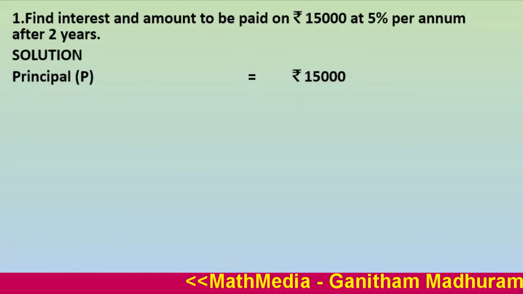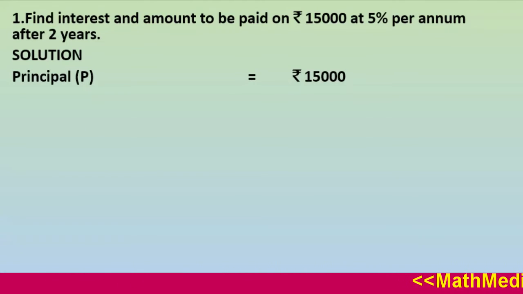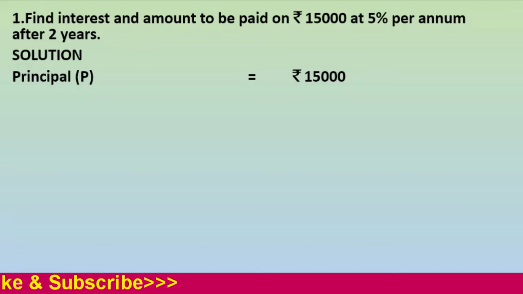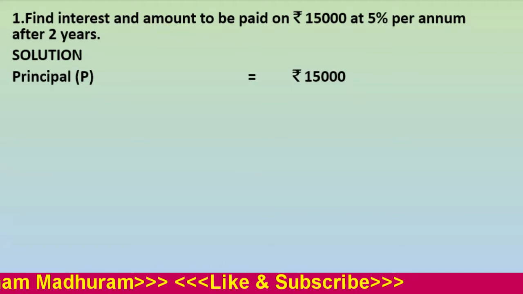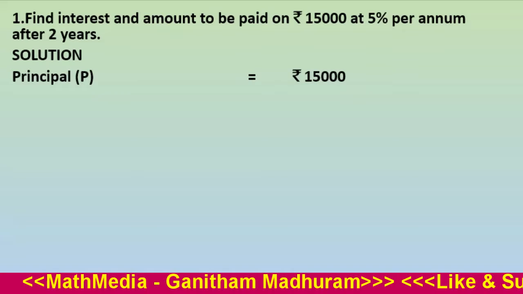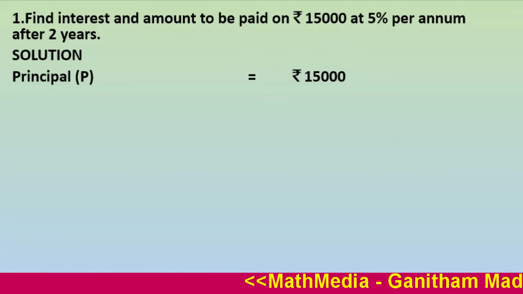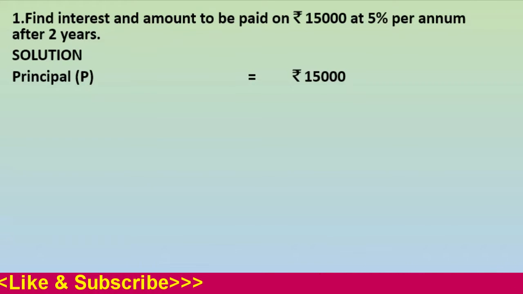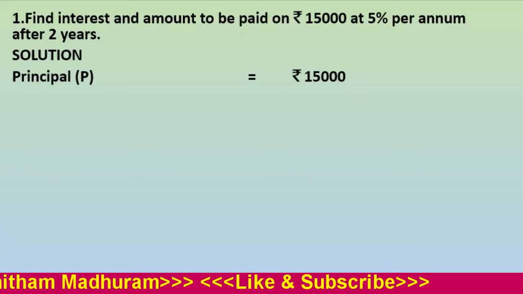First sum, find the interest and amount to be paid on rupees 15,000 at 5% per annum after 2 years. This is the question. We have to find the interest and amount, that is I and A we have to find.